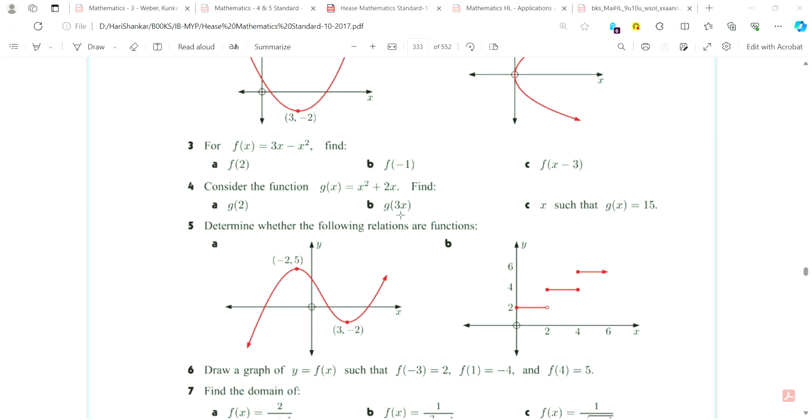Now, if I check the second one, it becomes suspicious at 2, but it passes at 2 because at 2 it takes the value 4, not 2. But when I check at 4, it fails. Why? Because at x equal to 4, the y value is 4 as well as 6. So the vertical line test fails here in B. It means B is not a function.